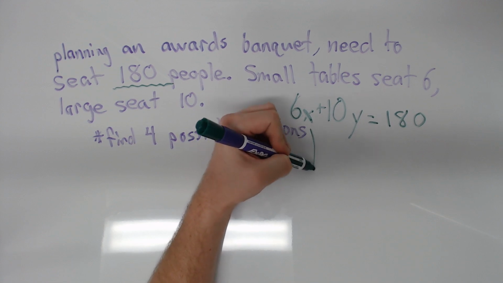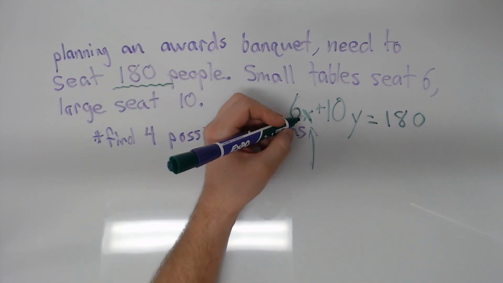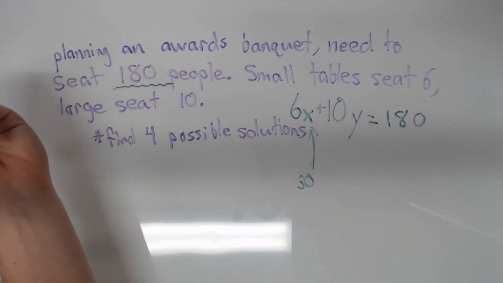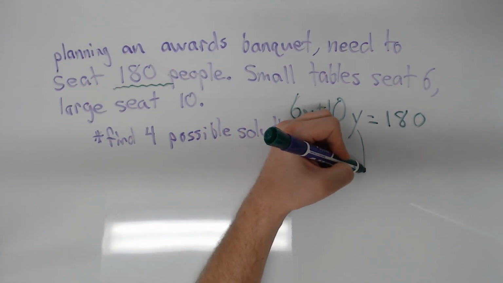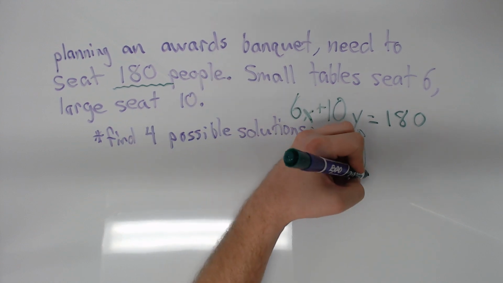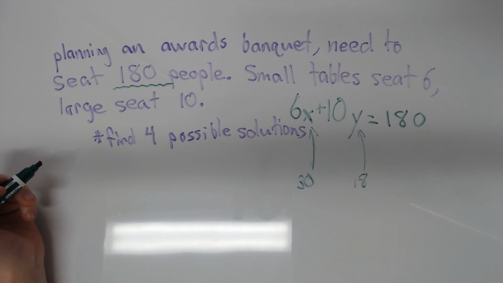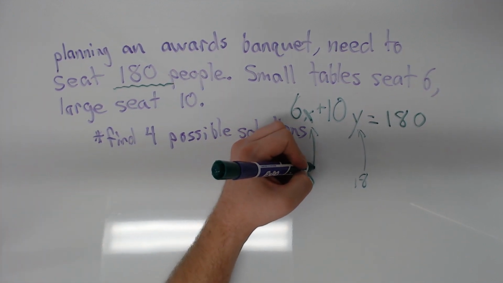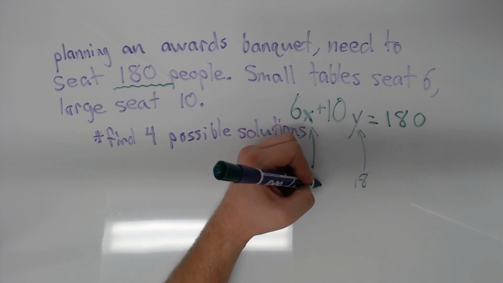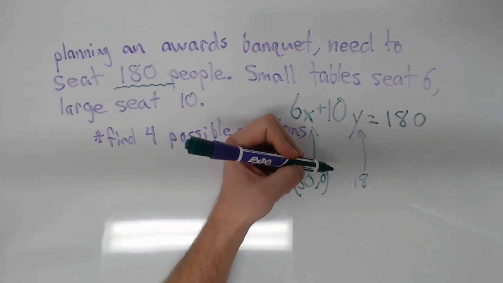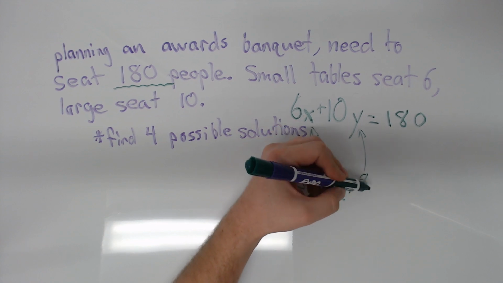If we only went with small tables, how many would we need? 30 small tables. 30 times 6 is 180. If we only went with large tables, what would we need? 18 of them. 10 times 18 is 180. All right, so those are actually two possible solutions. 30 comma 0, where we buy 0 large tables or rent them, and 0 comma 18.